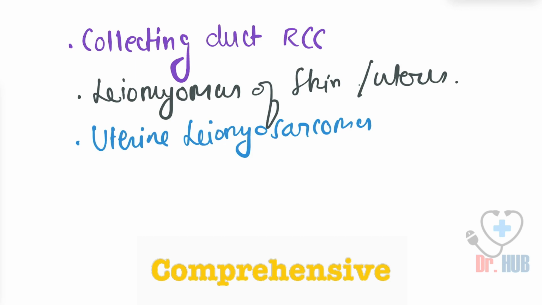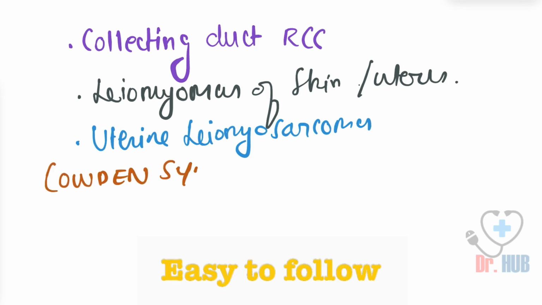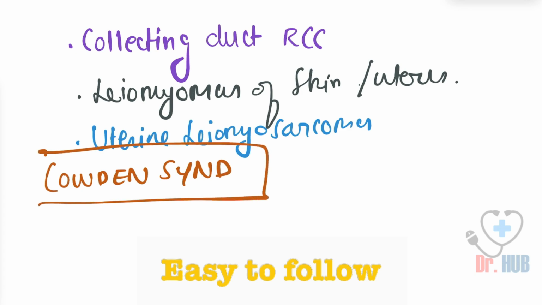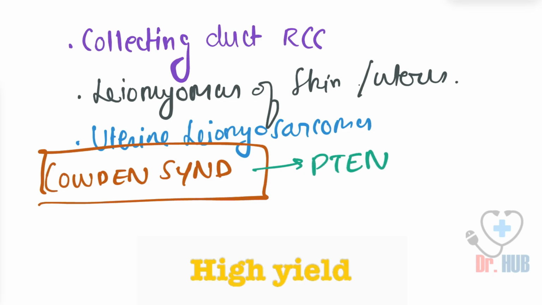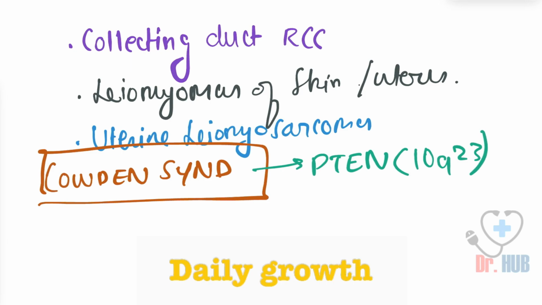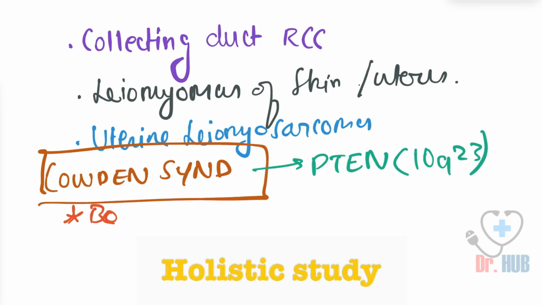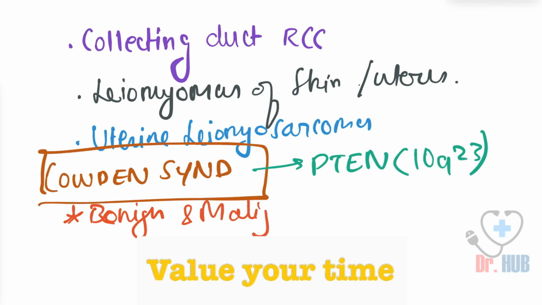Then we look at the Cowden syndrome. So in this Cowden syndrome, the genetic manifestation is PTEN, a defect in PTEN at 10q23. And what are the features? Features include benign and malignant breast tumors.